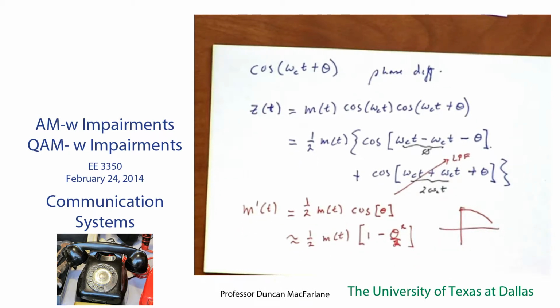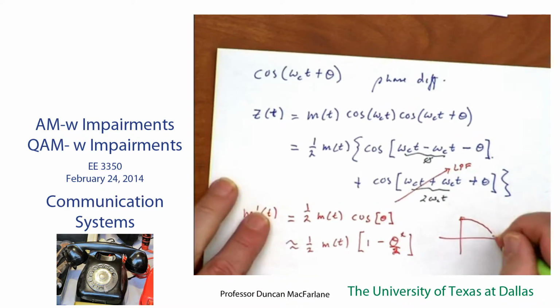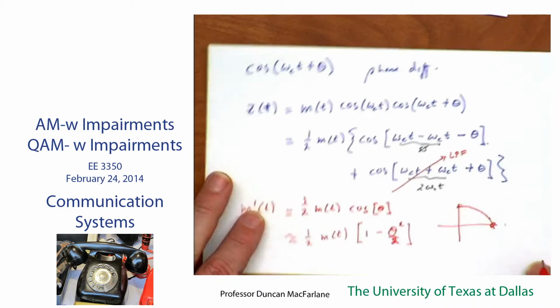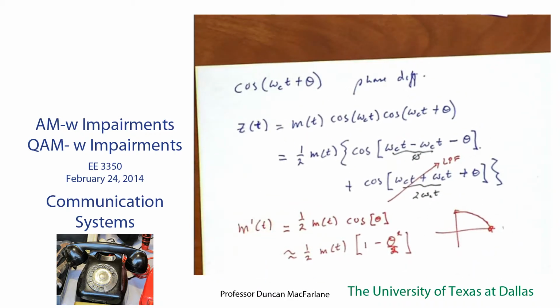I have to crank up the gain a little bit, or put my ear closer to the speaker. Of course, if that's 90 degrees, then that goes all the way to a sine, and that goes to 0, right? So if I go all the way out to 90 degrees, then my cosine of 90 is 0, and I've lost my signal altogether. Okay. What else could happen?